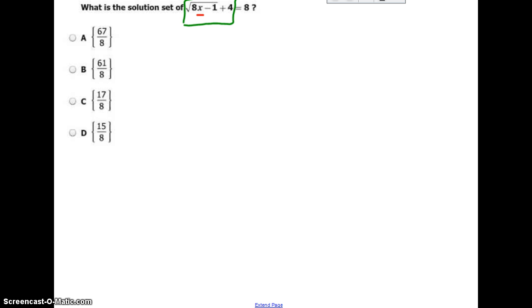So let's look at our first answer choice, 67 over 8. We have the square root of 8 times, and instead of x, I'm going to use 67 over 8.